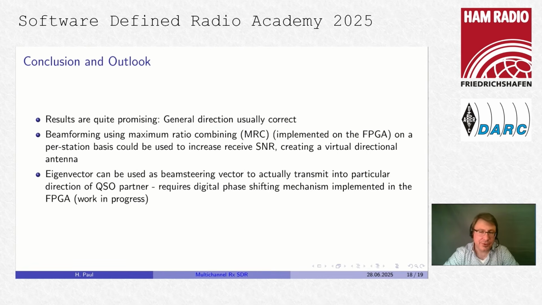And going one step further, I already mentioned a transmit system. You can actually, due to reciprocity, also use this phase information for transmitting. If I now use the corresponding beam steering vector as a literal beam steering vector, I would exactly transmit into the direction from which the signal came. Means I can directly use this eigenvector from the largest eigenvalue as a beam steering vector, and then it will automatically transmit into the direction of my QSO partner.